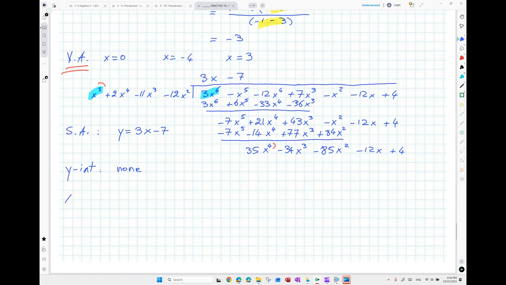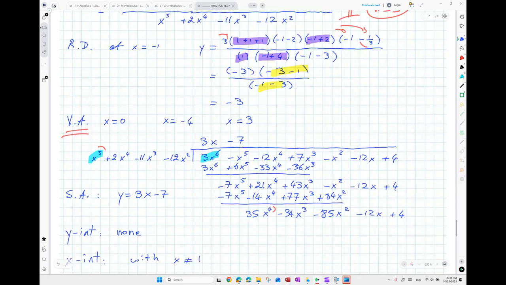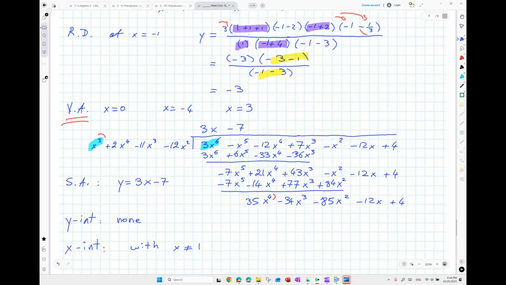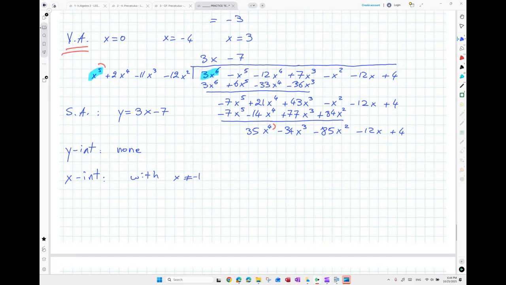But for the x-intercepts, as long as x is not equal to negative 1, my bad, basically f of x can be equal to 0, right?